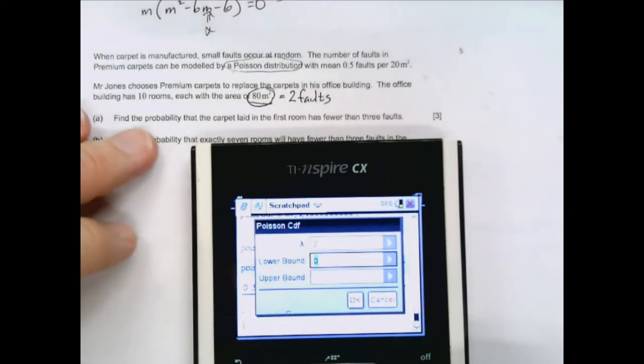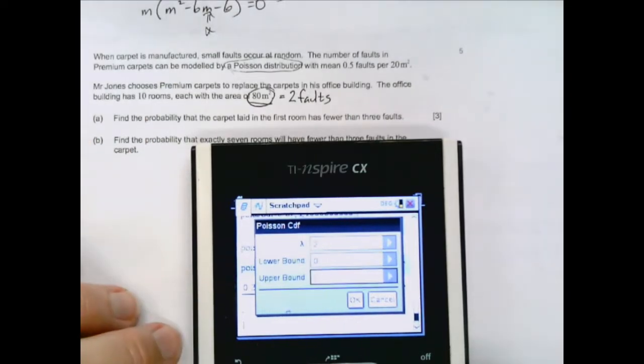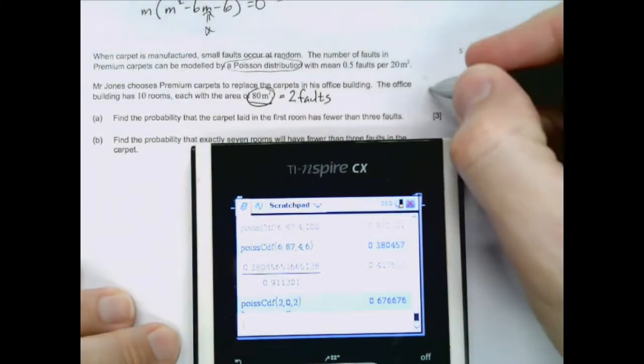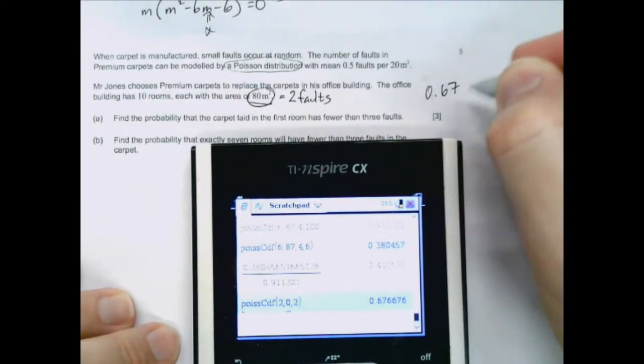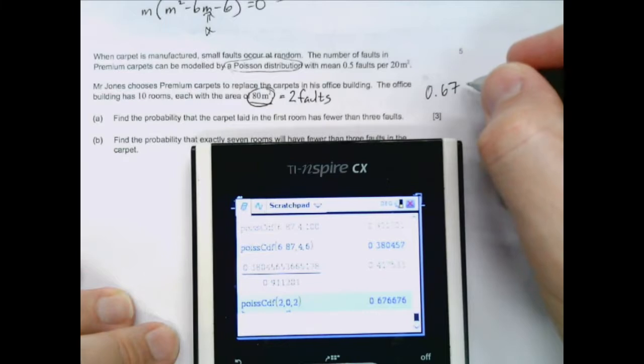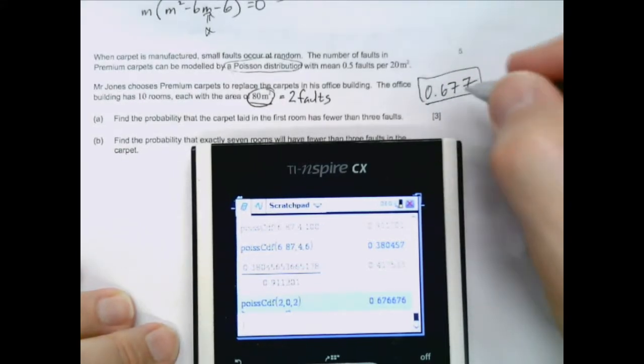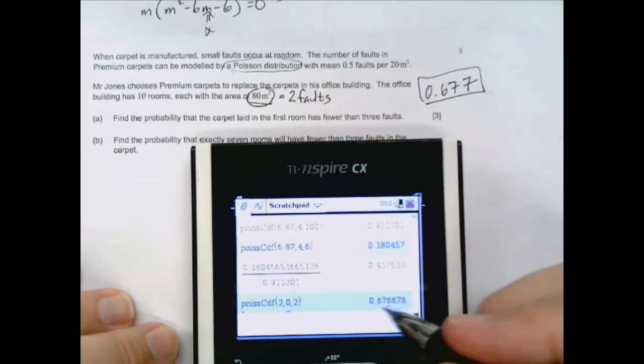And then I want less than 3 faults, so from 0 to 2 faults. And I get 0.676676. Okay, now I'm going to write this down for my answer, because my answer is going to have 3 sig figs. But I'm also going to remember these digits, because if I do further calculations, I'm going to go ahead and use all of the digits.